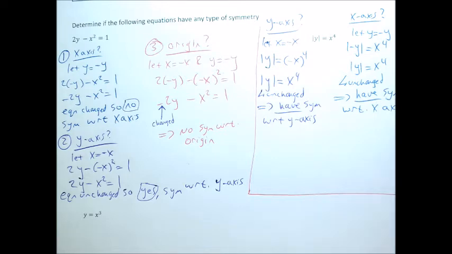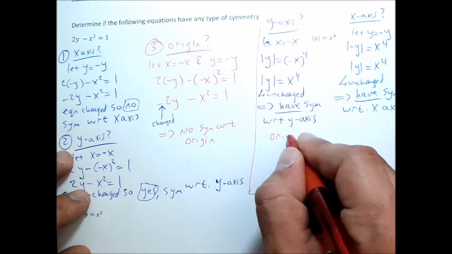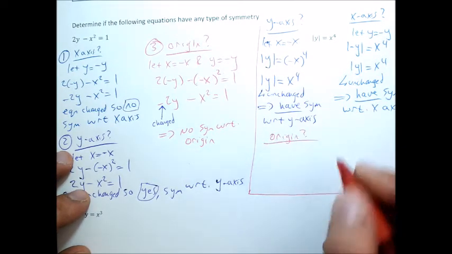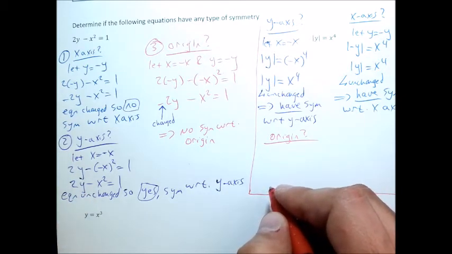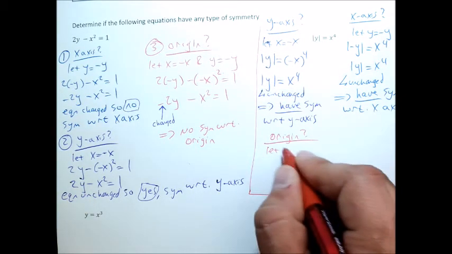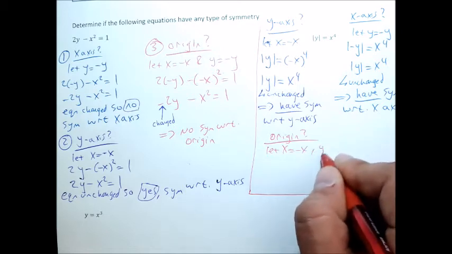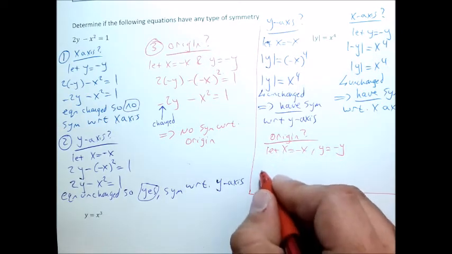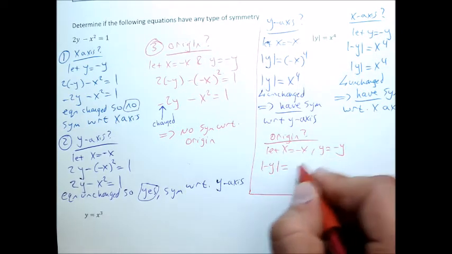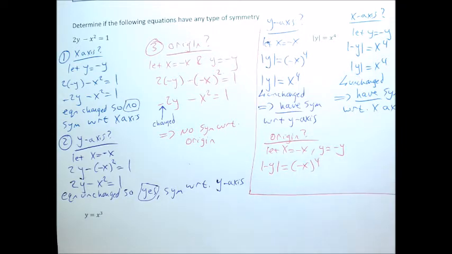And so what's going to happen when we plug both those things in, when we plug a negative y in and a negative x? It's going to have origin symmetry because they're going to both become positive and go back to the original problem, right? So let's look at that. Origin, we just do both of those things. So let x equal negative x, y equal negative y, and we'll get the absolute value of negative y equals negative x to the fourth.